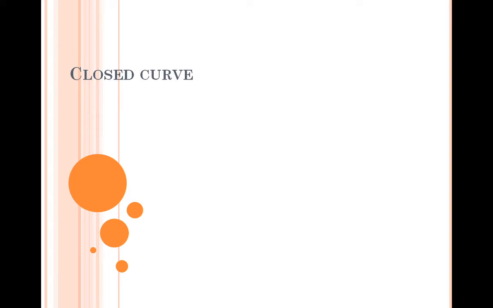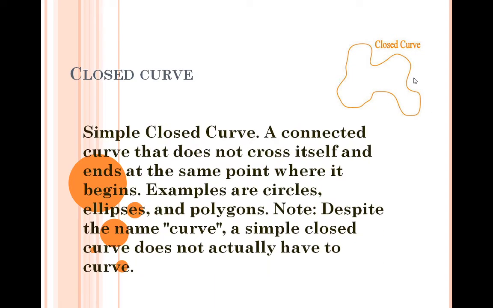Then closed curve. Now look here, dear students, this is a closed curve. You can see this figure is closed and it does not have any sharp turns. Simple closed curve: a connected curve that does not cross itself and ends at the same point where it begins.